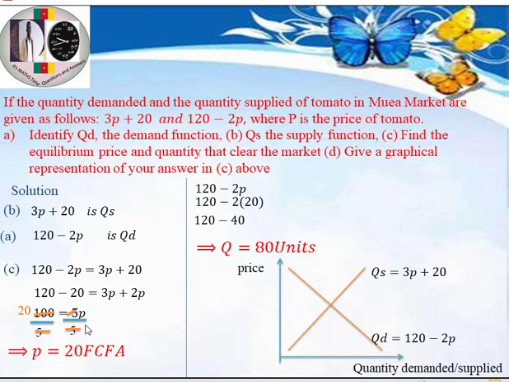After this, the point where the demand and the supply functions meet is what we call the equilibrium. At that equilibrium we have a price that we calculated to be 20 francs CFA. So we have 20 there, and the quantity demanded at that price and the quantity supplied at that price are equal, and they correspond to 80 units.